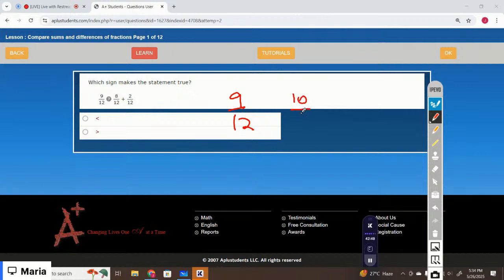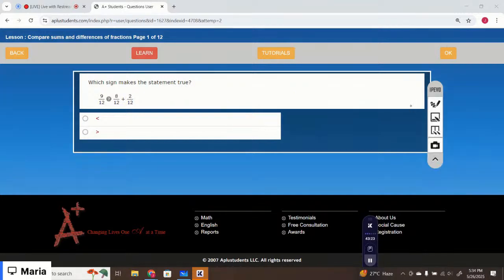So 8 plus 2 is 10. That is 10 over 12. The denominators are the same. So 9 is less than 10. 9 over 12 is less than 10 over 12. Option number 1 is the correct option.